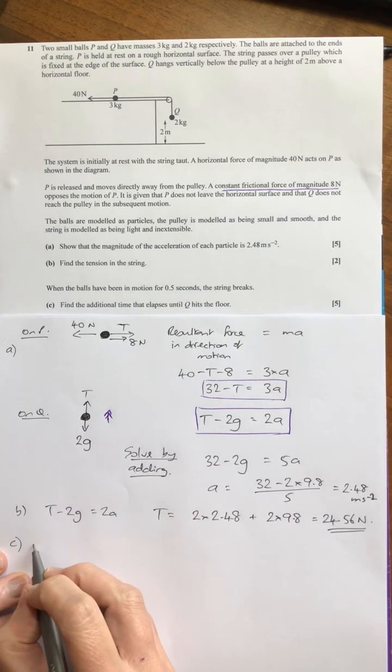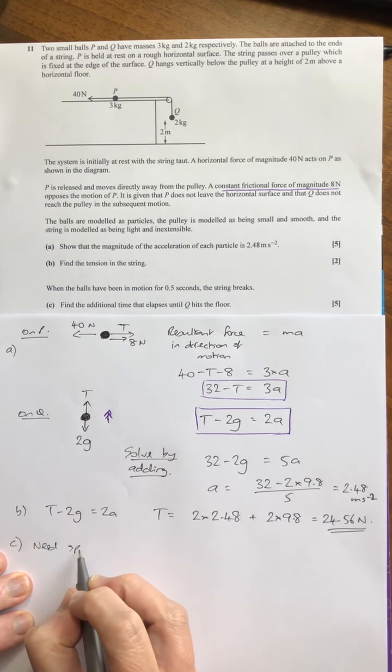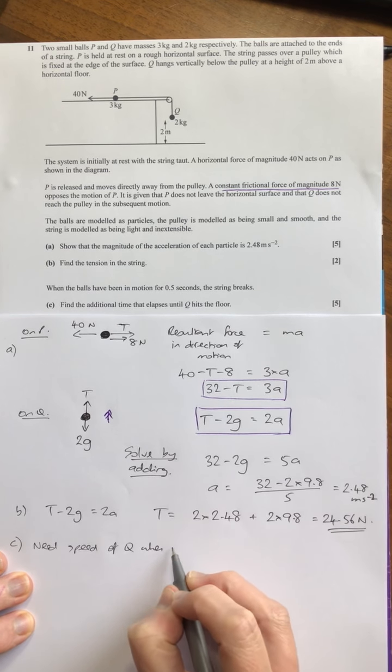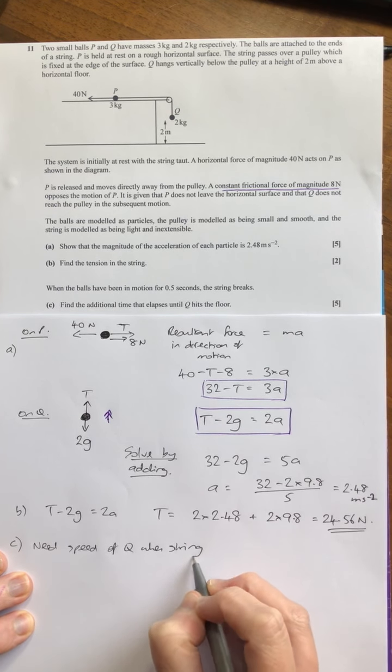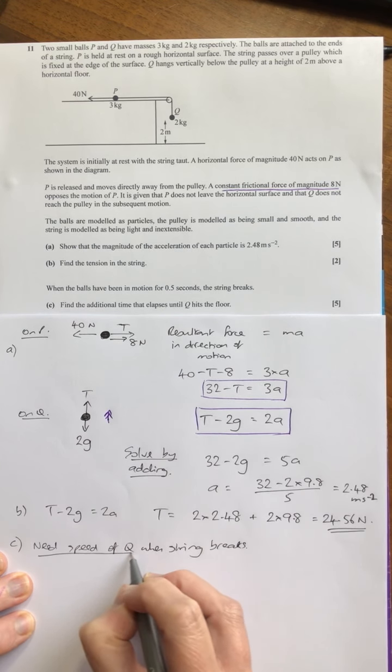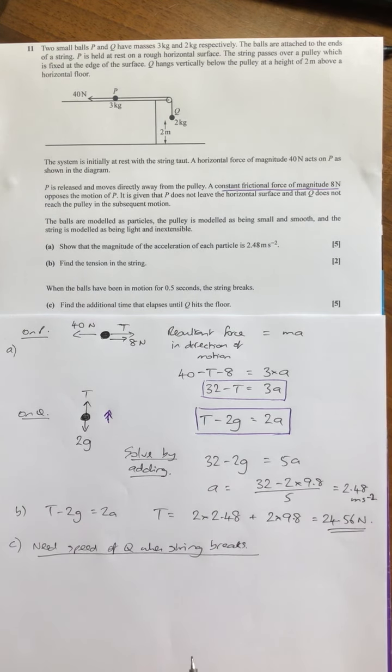So the first thing we need is the speed of Q when the string breaks. Now this is where directions are crucial.